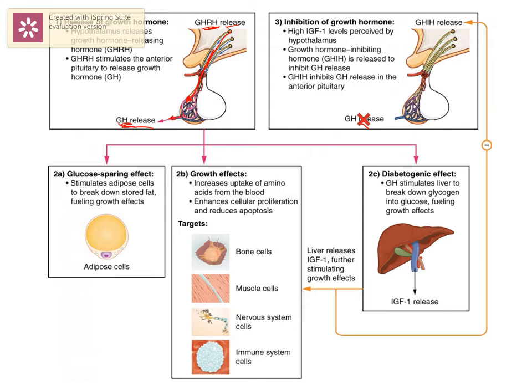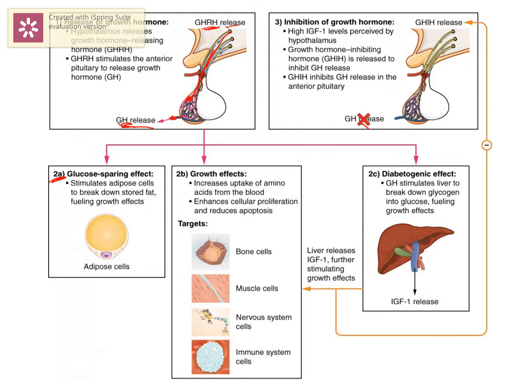Okay, the anterior pituitary releases growth hormone into the bloodstream, and the growth hormone has three major functions. The first function is that of a glucose sparing effect. It's called the glucose sparing effect because this hormone encourages the cell to use lipids instead of glucose.